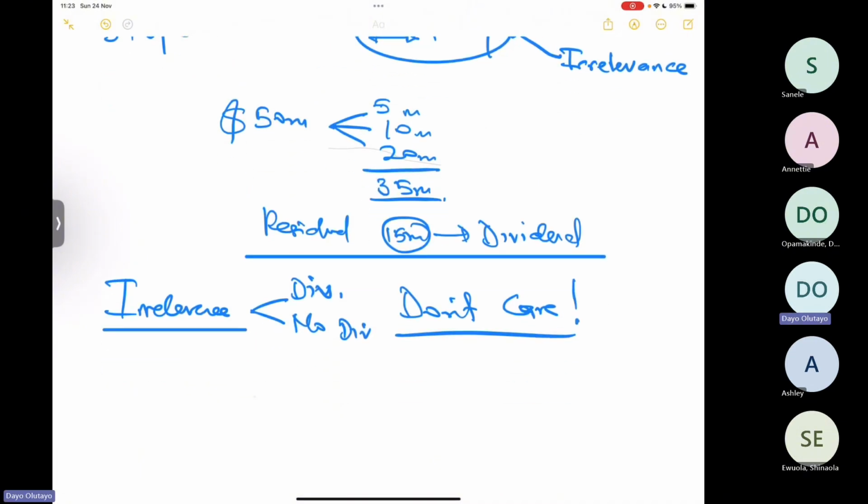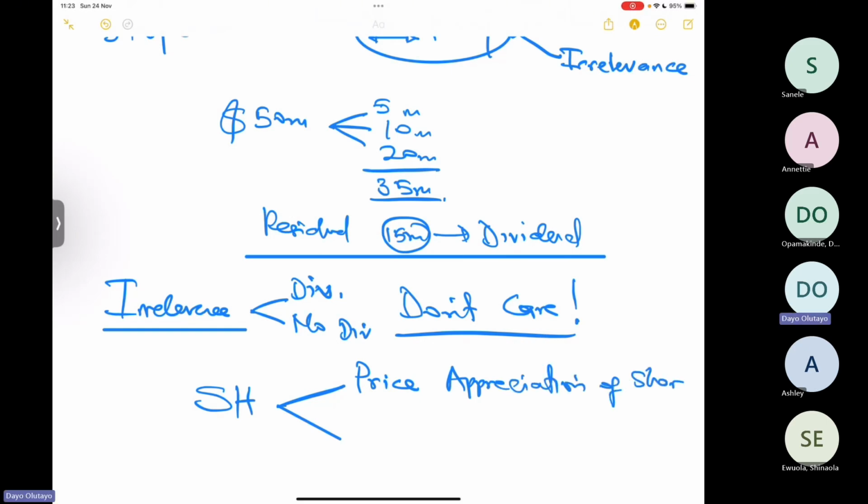They are not bothered because for every shareholder, they believe there are two ways of creating wealth: from price appreciation of shares, or from the dividend. So if you like, pay the dividend, they will be happy. If you don't pay, they are still happy in as much as there is a price appreciation of shares.